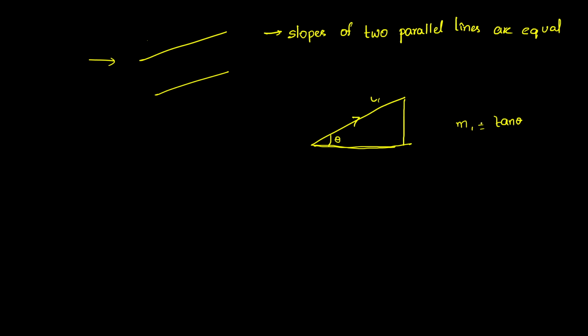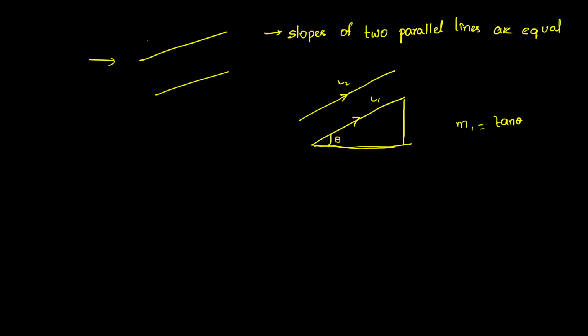Now let us draw another line which is parallel to line 1. Let it be like this, L2. Now how to find the slope of this line?